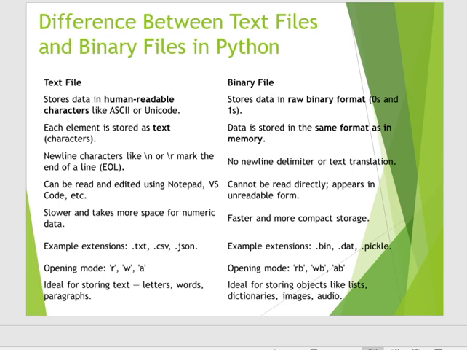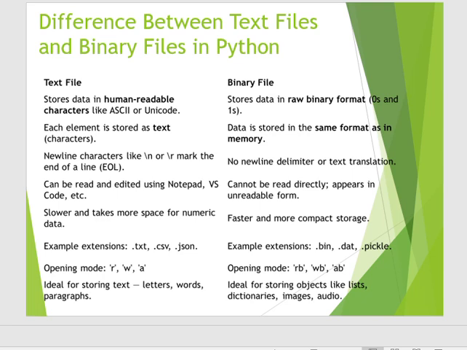Text files can be read and edited using Notepad, VS Code, etc., while binary files cannot be read directly and appear in unreadable form. Text files are slower and take more space for numeric data, while binary files are faster and give more compact storage. The extension used with text files is .txt, .csv or .json, while with binary files the extension is .bin, .dat or .pickle.